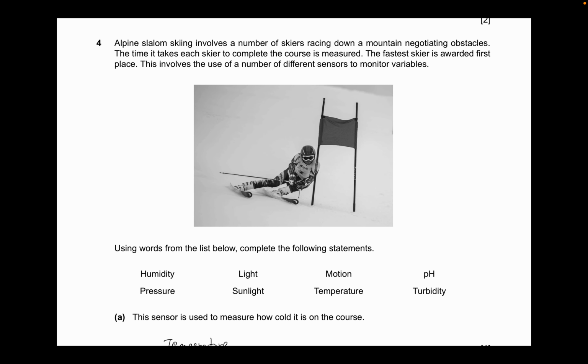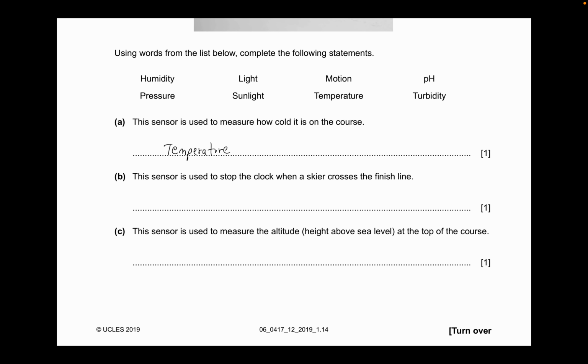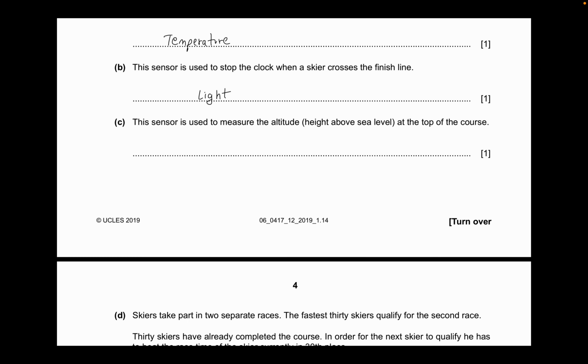If you read this carefully, I'm assuming it would be a light sensor, hopefully. That's correct. Do correct it in the comments. Next, this sensor is used to measure the altitude, height above sea level at the top of the course. That would be a pressure sensor. Okay, let's move on to the next question.